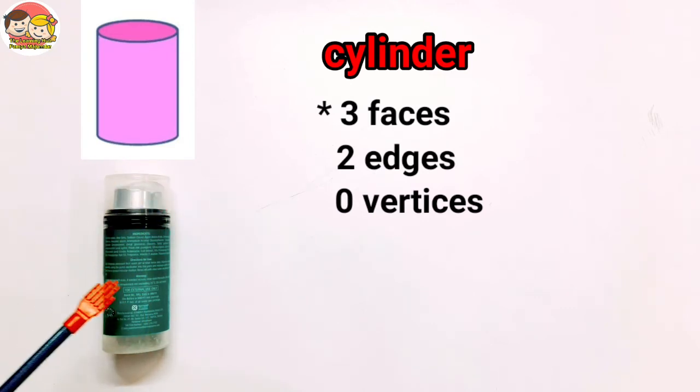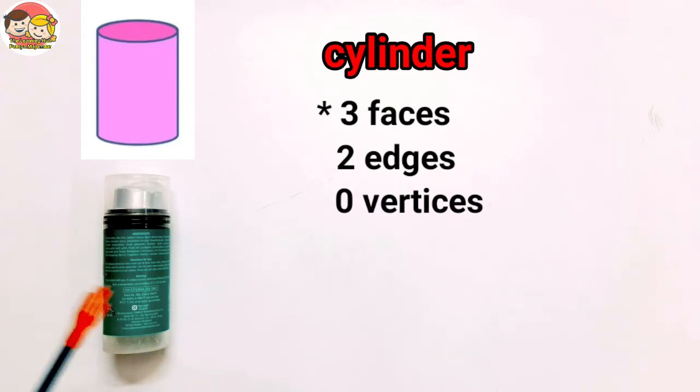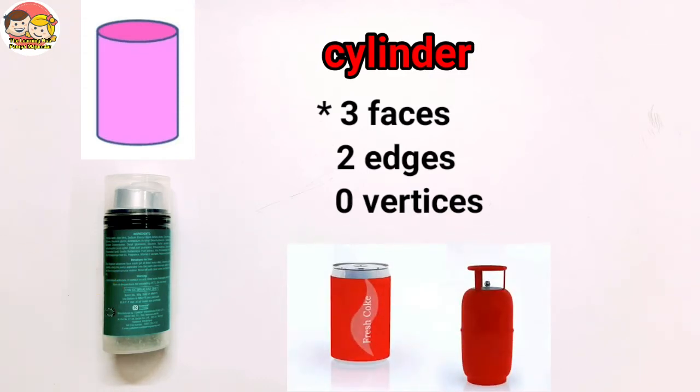So a cylinder has 3 faces, 2 edges and doesn't have any corners or vertices. Some examples of cylinder shapes are bottle, soda can, chalk, gas cylinder, etc.